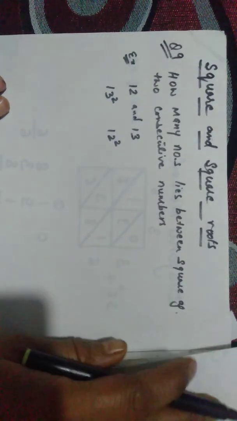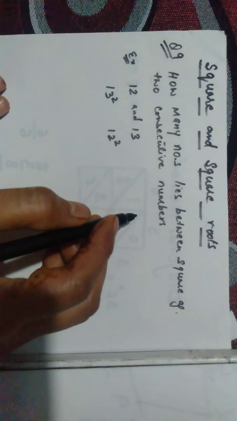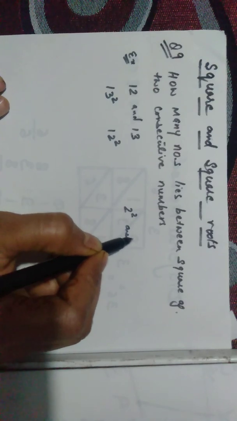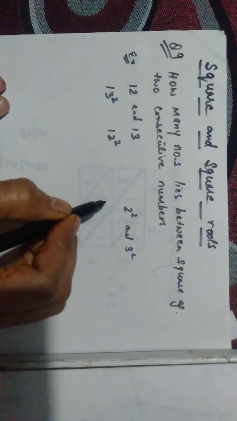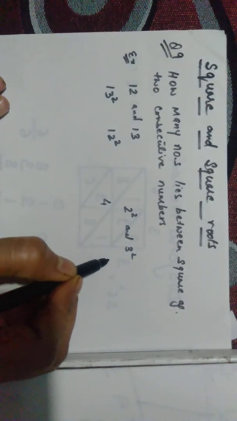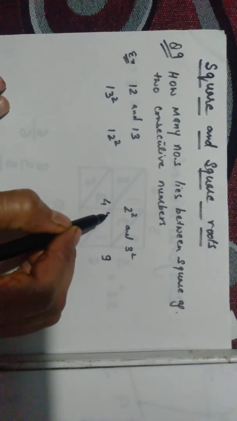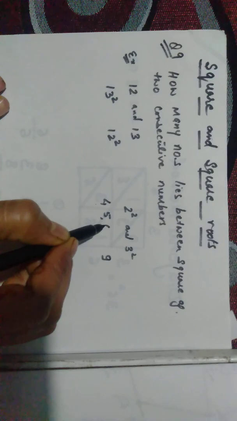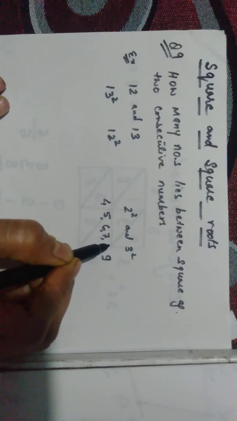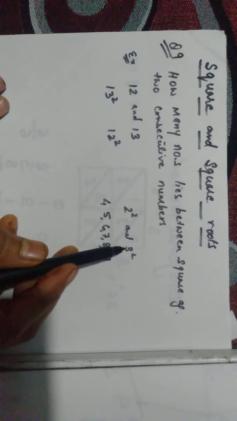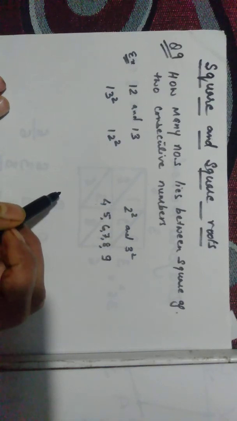To understand this, take for example 2 square and 3 square. 2 square is 4 and 3 square is 9. Between 4 and 9 come 5, 6, 7 and 8. That is, 4 numbers lie between 3 square and 2 square.